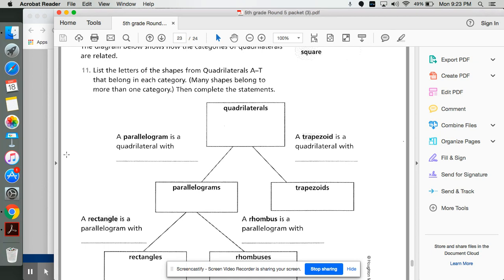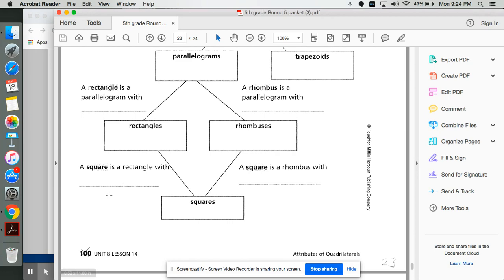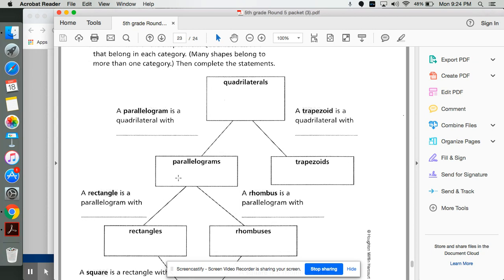So one of the most important things that we're talking about is called a shape hierarchy. At the top is the most broad category, and as you go down, the definitions of the shapes get more specific. Everything that's underneath quadrilateral is a quadrilateral. So anything below something falls into the category above it.